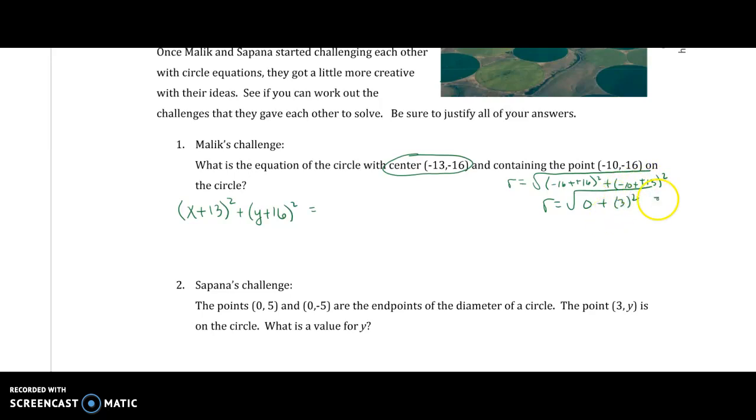And 3 squared is 9. We get the square root of 9, which happens to be 3. But remember, when we plug this in, this is equal to the radius squared. So what is 3 squared? 3 squared is 9. And this would be the equation of the circle.